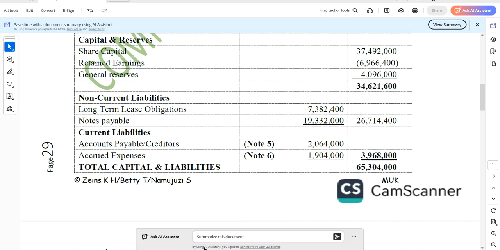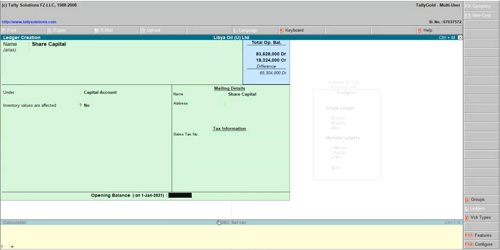Our share capital has an opening balance of 37,492,000. This is a credit balance.